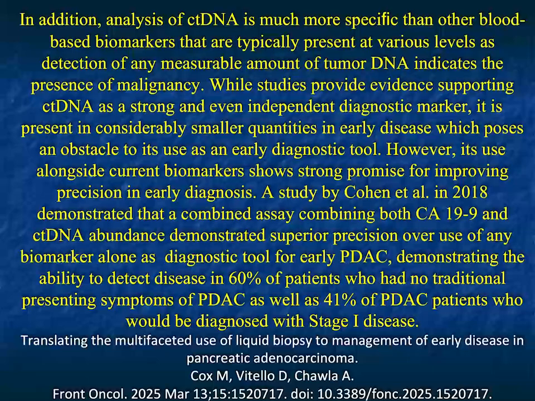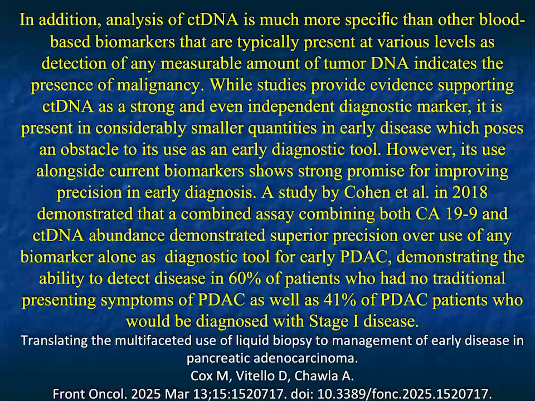A study by Cohen in 2018 demonstrated a combined assay of CA19-9 and ctDNA abundance, demonstrated superior precision over use of any biomarker alone as a diagnostic tool for early PDAC, demonstrating the ability to detect disease in 60% of patients who had no traditional presenting symptoms, as well as 41% of patients who would be diagnosed with stage 1 disease.